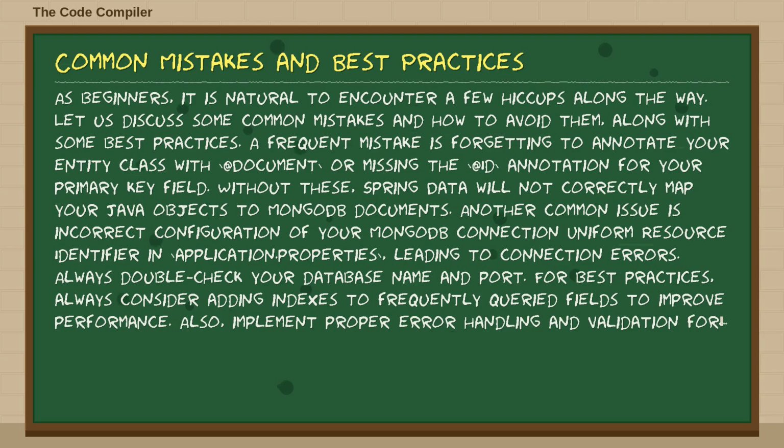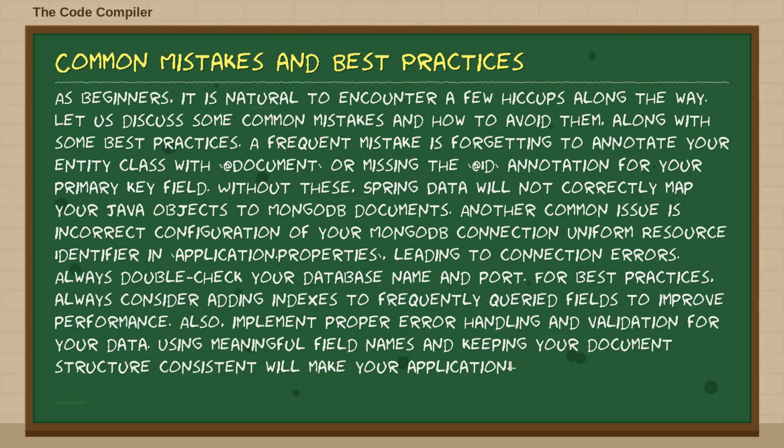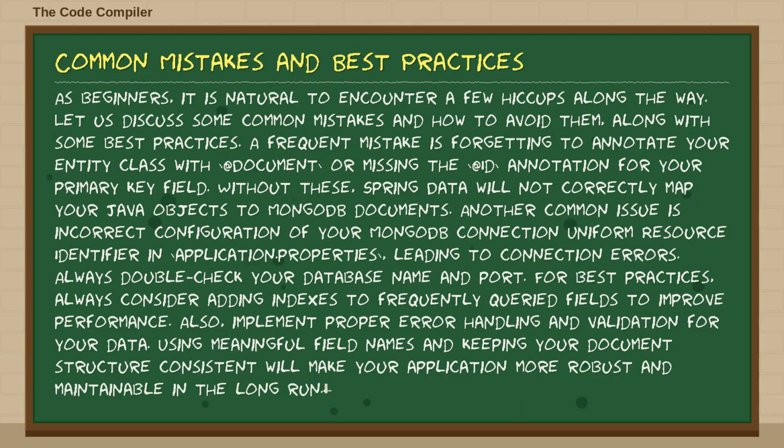Also, implement proper error handling and validation for your data. Using meaningful field names and keeping your document structure consistent will make your application more robust and maintainable in the long run. Small details make a big difference.